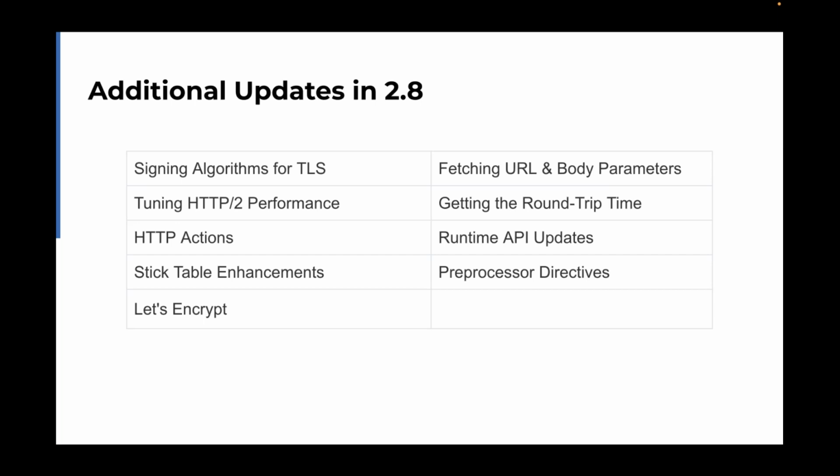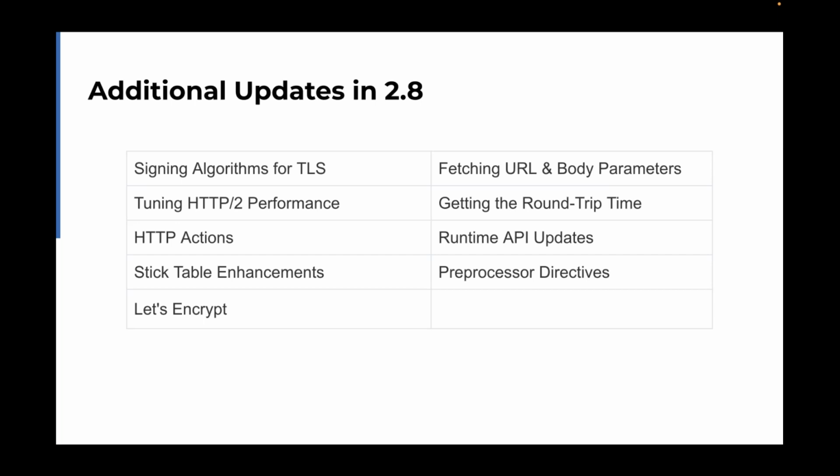There are 10 new HTTP after response actions, and all of those actions have a new general purpose counter. It's now possible to change the number of sticky counters available without recompiling, so you can do that within the configuration.